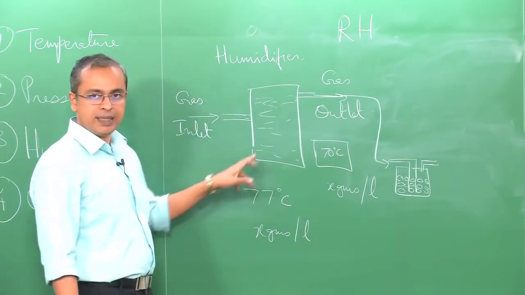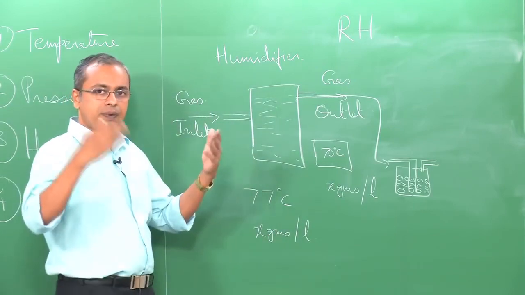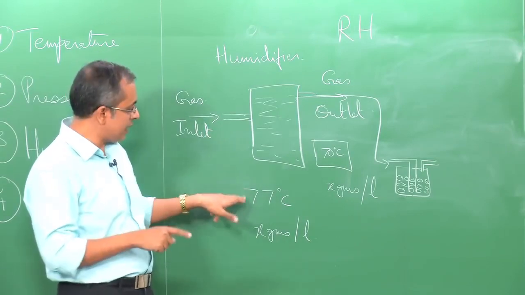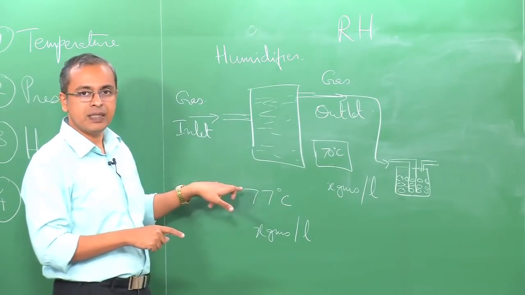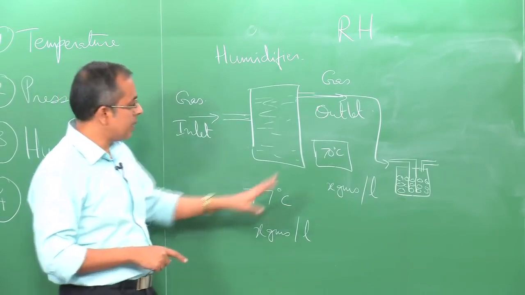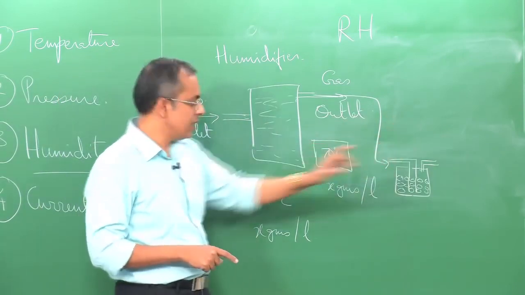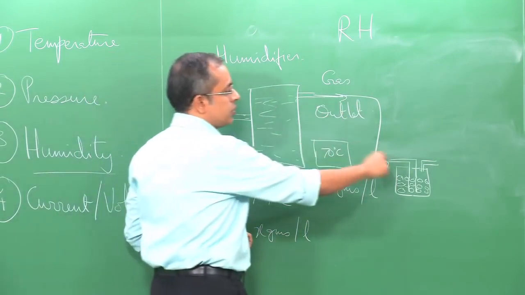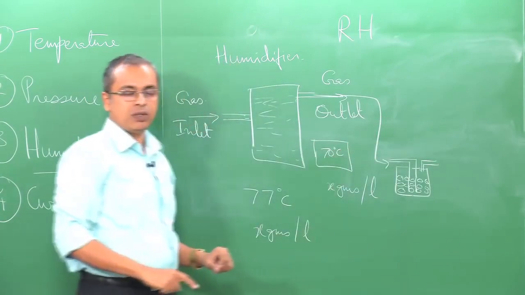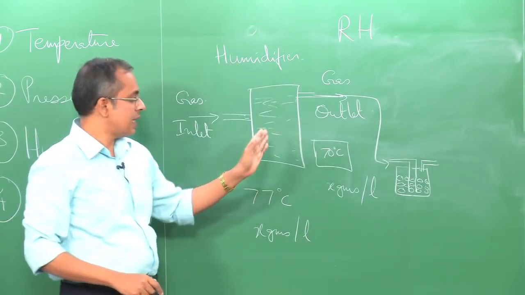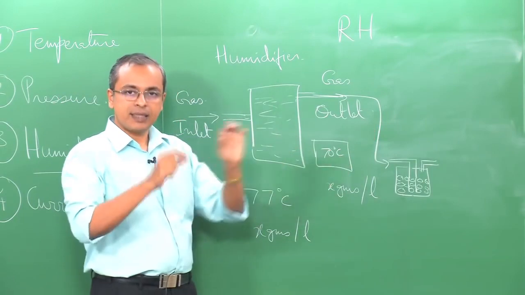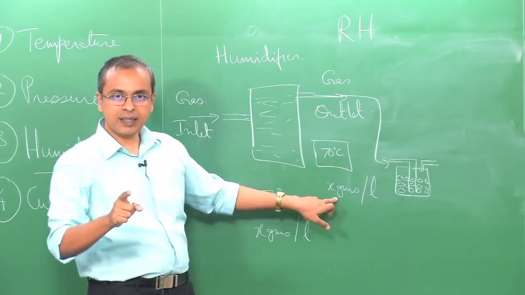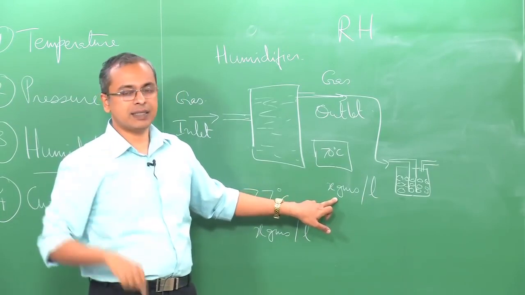So, it is still inefficient at 77 degrees C. Normally you would think that it should be 100% RH for 77 degrees C, it is actually giving 100% RH for 70 degrees C with set point at 77 degrees C. But if your experimental setup is at 70 degrees C, you can always run your bottle at 77 and then ensure that it cools down to 70 degrees C before it enters your experimental setup. And therefore, when it goes into your experimental setup, the gas is now at 70 degrees C and it also contains x grams per liter, and therefore, it is 100% RH at 70 degrees C.